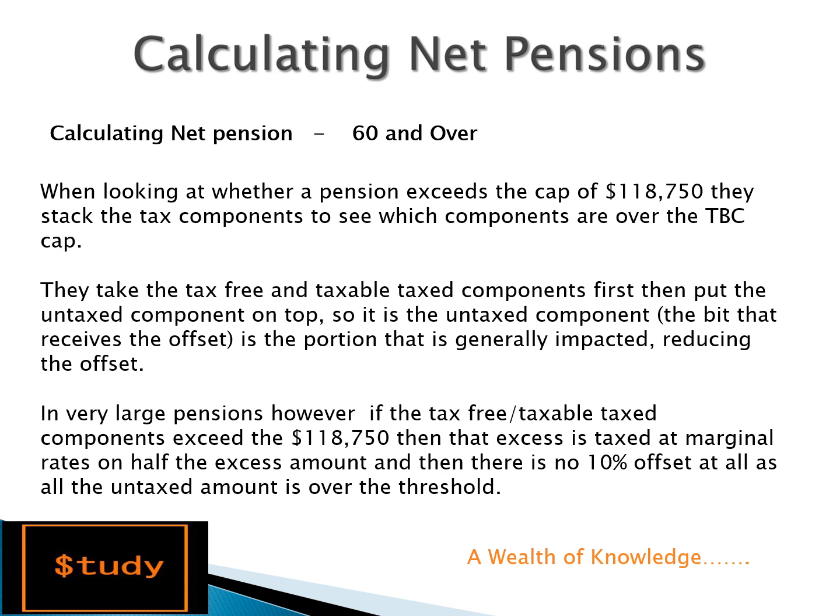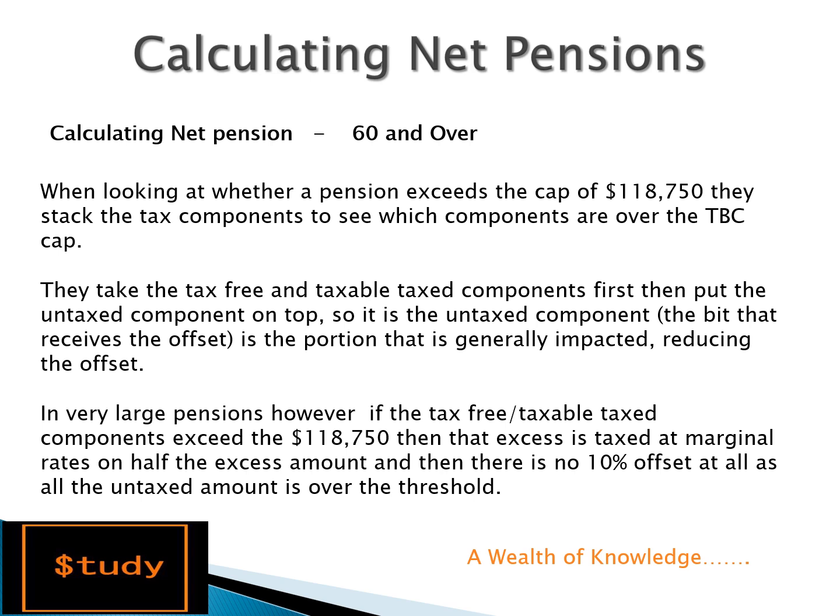So generally speaking, it's always the untaxed bit that is exceeding. It's not one of the other components, the untaxed bit that has exceeded, hence we get the reduction in the offset. Now, in the case of very large pensions, where the tax-free and taxable components alone exceed the 118,750, then the excess of those components is taxed at normal marginal rates on half of that excess.